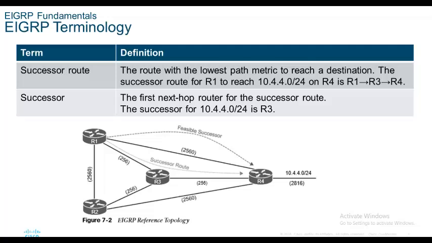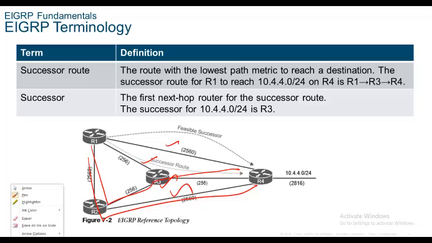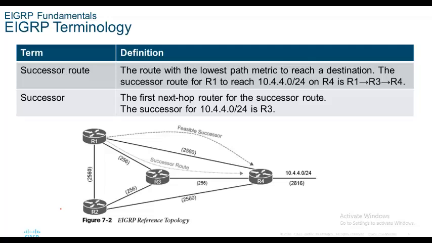Now, which one will be the successor path? You should see the total metric. It is 256 and 256. 256 plus 256 is 512. Whereas here it is too costly, 2,560. This is also very costly. Okay.